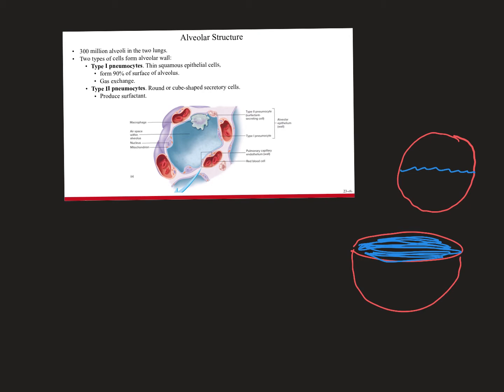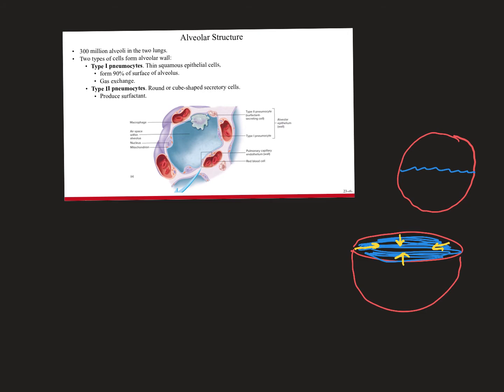Well, this water in here is going to pull on the walls of this alveolus. And if we don't have anything to relieve some of the surface tension, it will actually pull the walls of the alveolus in and collapse that alveolus.